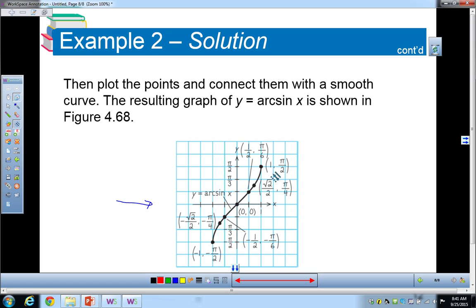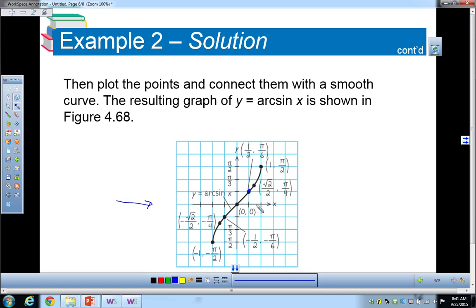But this is what the graph of y equals arc sine of x looks like. If I plug in, what would this be right here? This point is 1/2. If I plug in 1/2, I'm going to get out pi over 6 right here. So this right here corresponds to the point 1/2. Plug in 1/2 for x, get out pi over 6 for y.